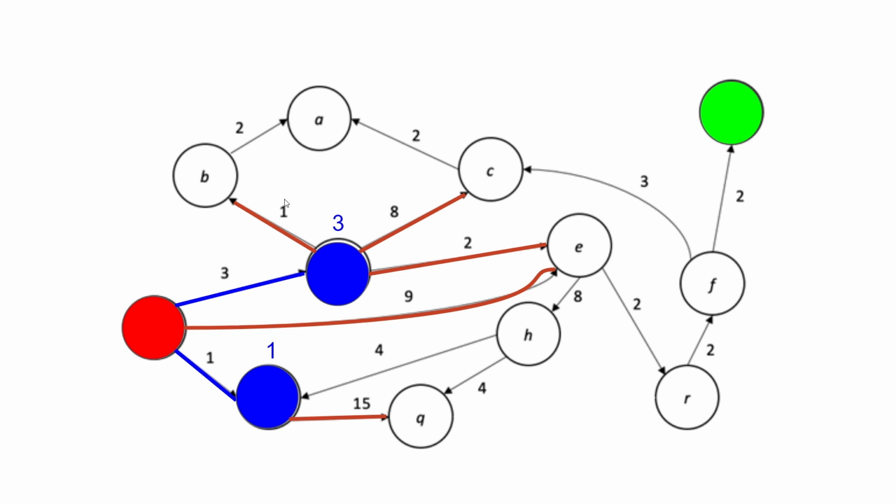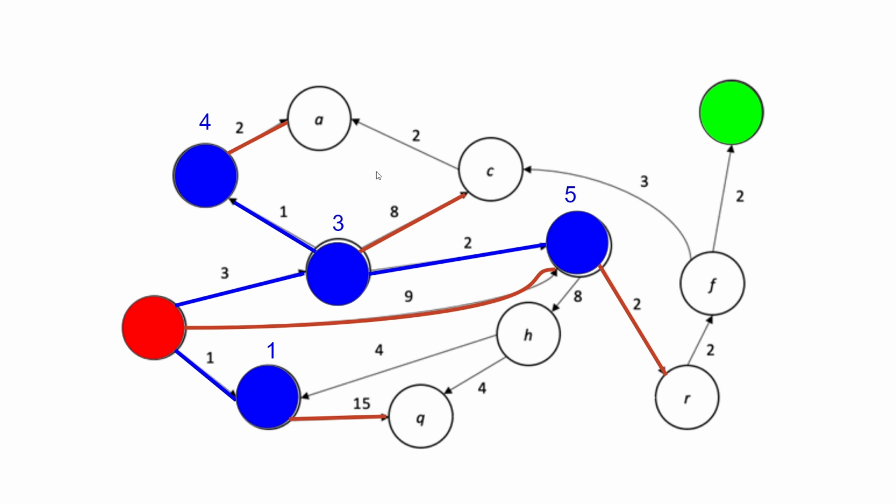Now our options are 1 plus 3 is 4, 3 plus 8, so 11, or 3 plus 2, 5, 9, or 15 plus 1, so 16. And the cheapest one here is this one with 4, so we'll add that one. Now, our possible costs are 6, 11, and 5. 5 is the cheapest, so we'll add 5.